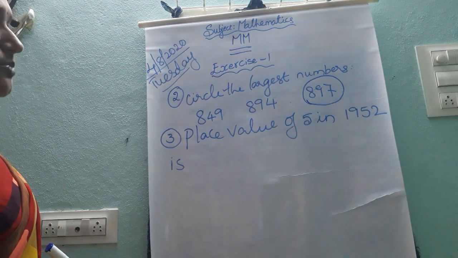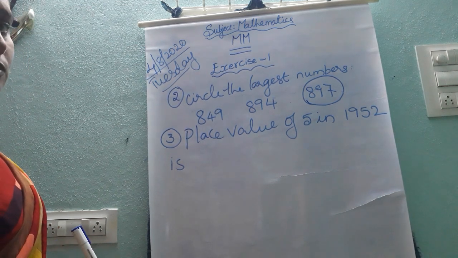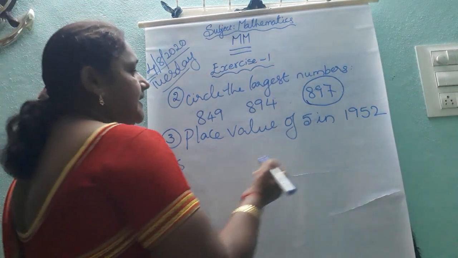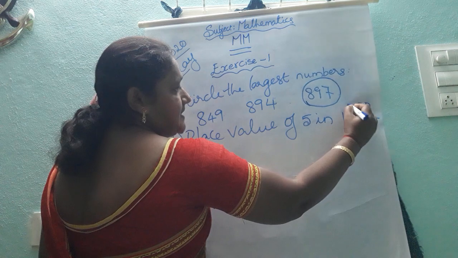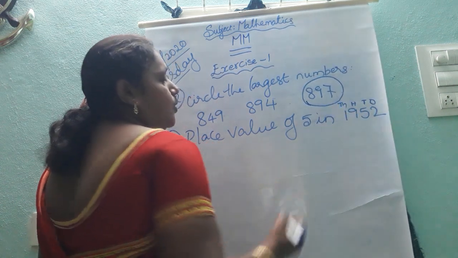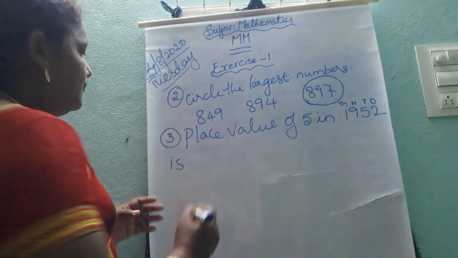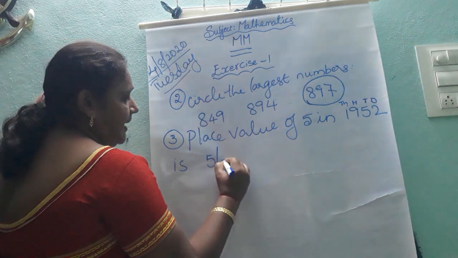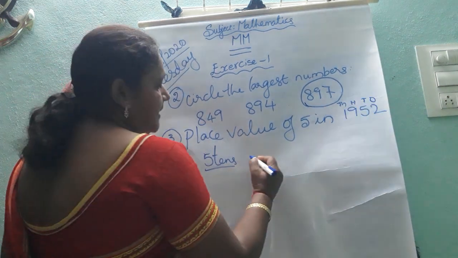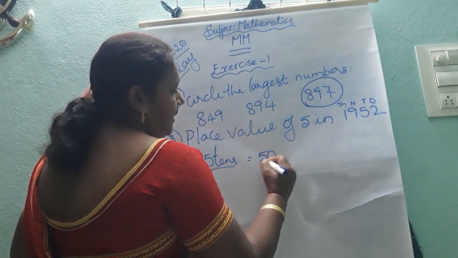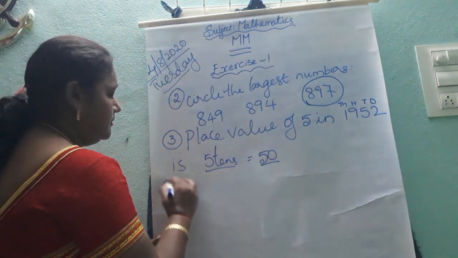First we have to write the place values of the number. What is that number? This one, 1952. Ones, tens, hundreds, thousands. What is the place value of 5? 5 is at the tens place. So 5 tens. 5 tens is nothing but 50. Next one.